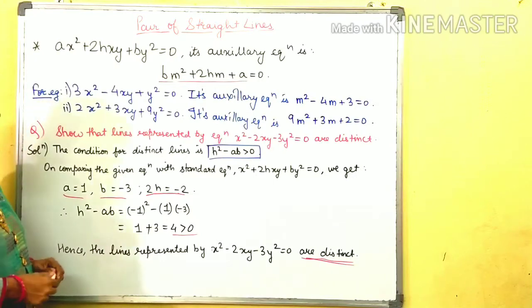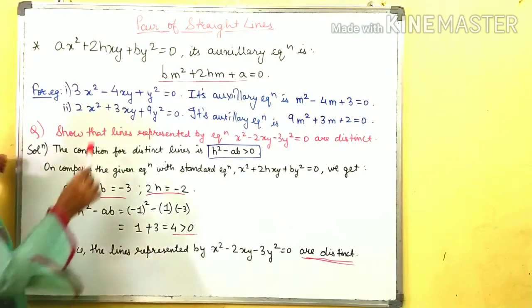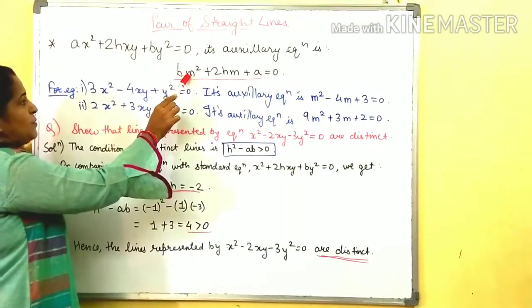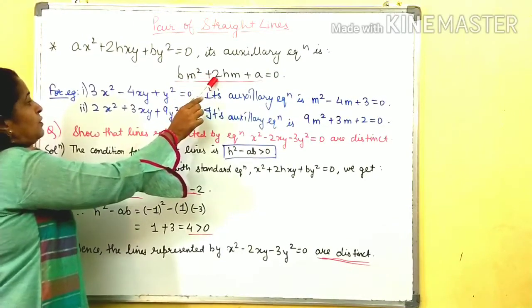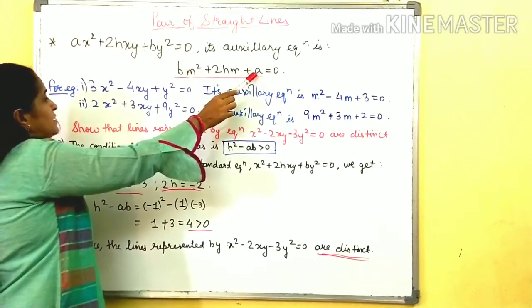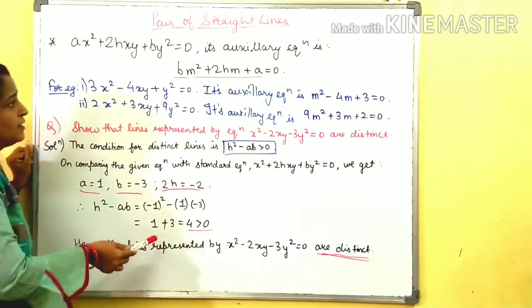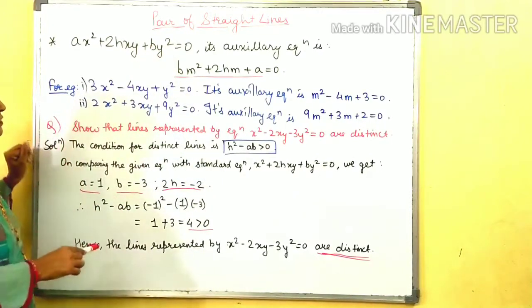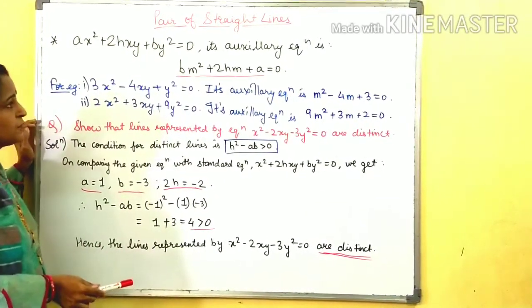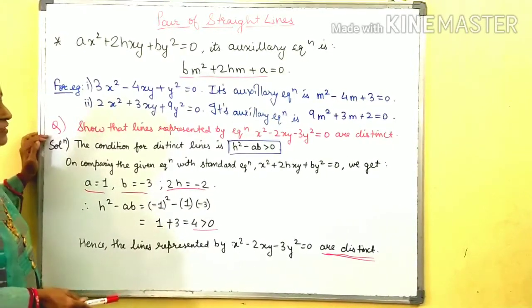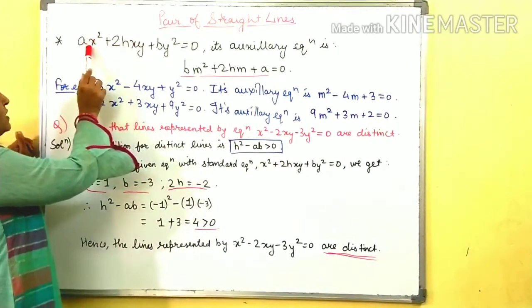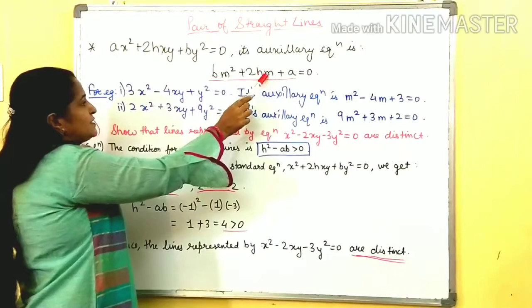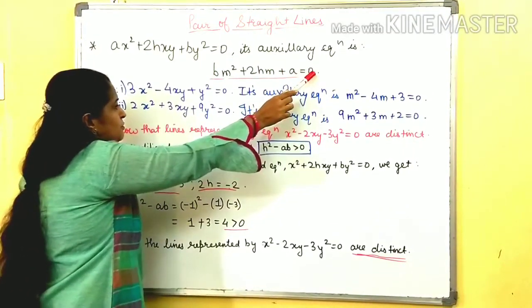You can also write this directly. What you have to do is take the coefficient of y square first, then bm square plus 2hm plus a is equal to 0. Where did you get this from? Divided by x square. So in some examples you have to write the auxiliary equation directly, which is bm square plus twice hm plus a is equal to 0.